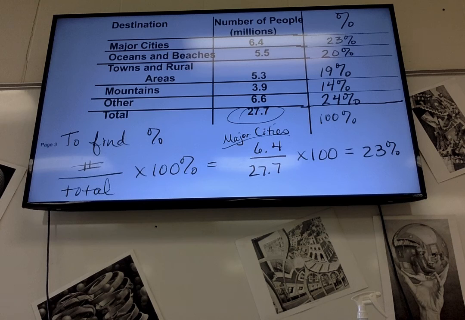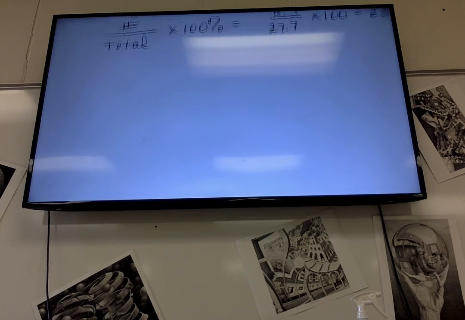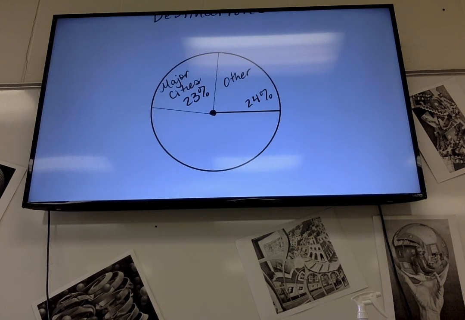Okay, then we have 20%, which, think about it, 20%, 25% is where that makes a right angle. So 20% is going to be a little bit less than that.